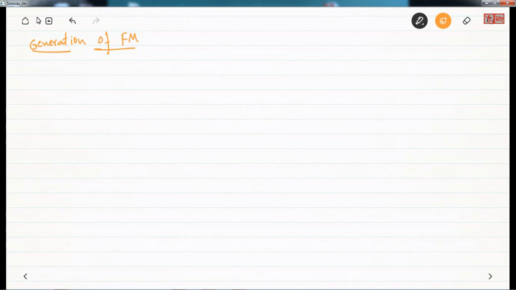So in this there are two methods. One is indirect method. This is also called Armstrong method, because Armstrong is the one who proposed this way of generating FM signals.